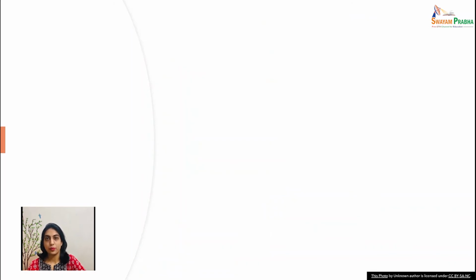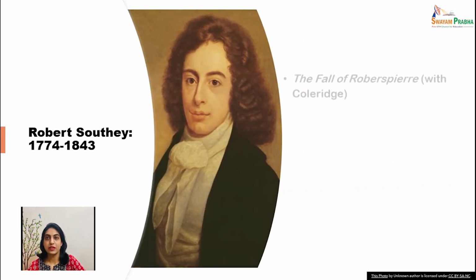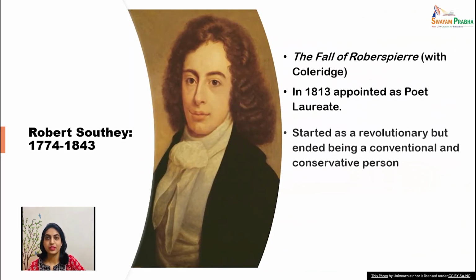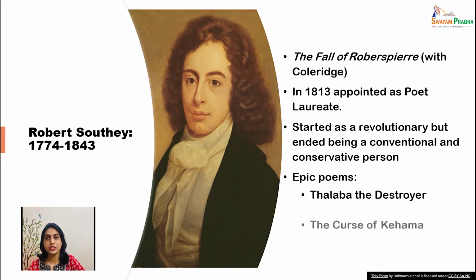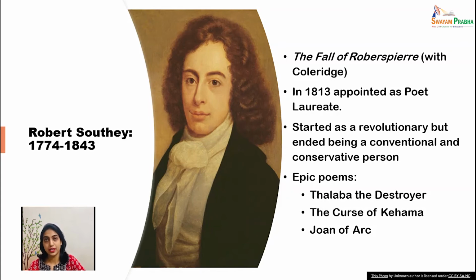Next is Robert Southey. Robert Southey was born in 1774. Today, his literary merit is not as acclaimed as that of his contemporaries, but his contributions cannot be neglected here. Together with Coleridge, he published The Fall of Robespierre. It was the first collection of his poems.